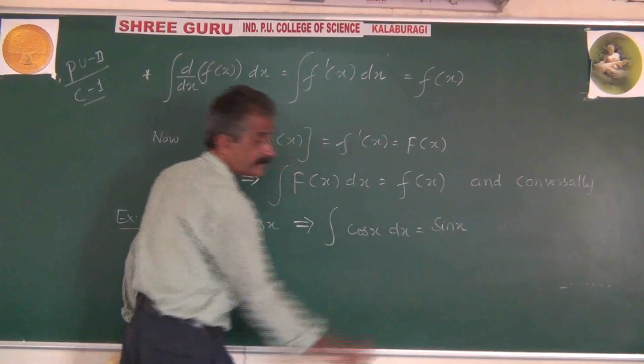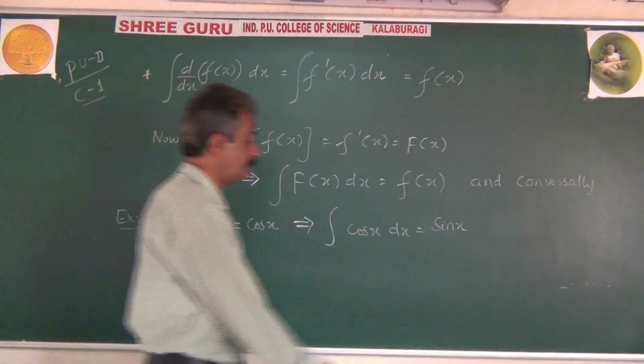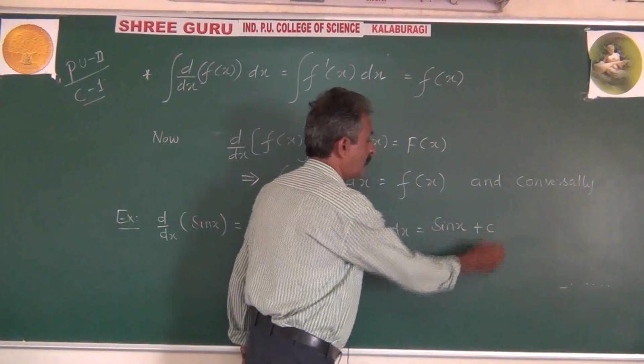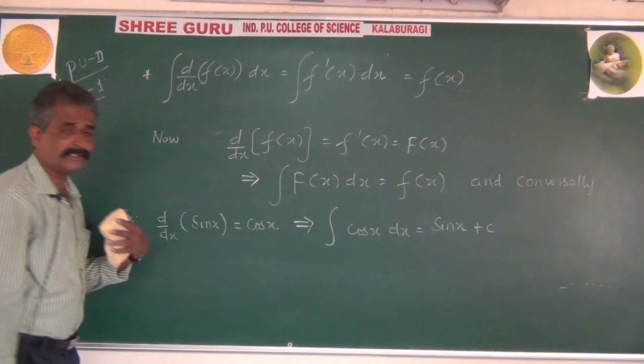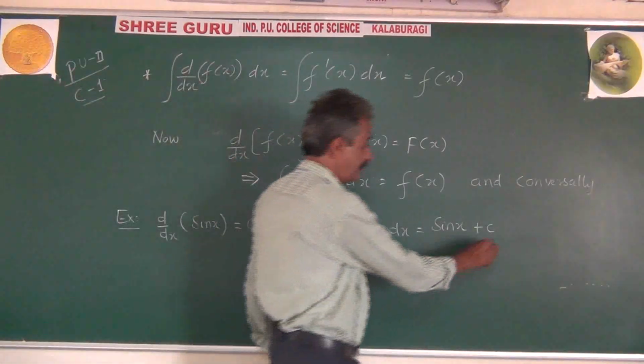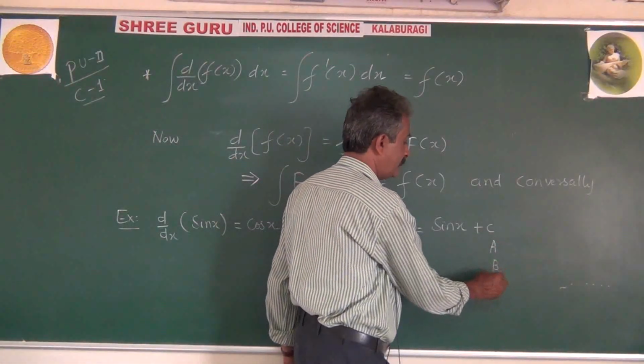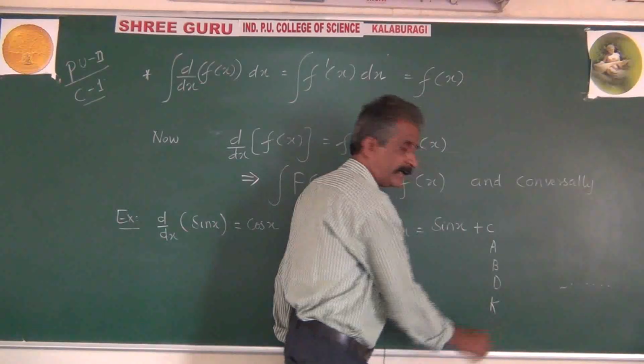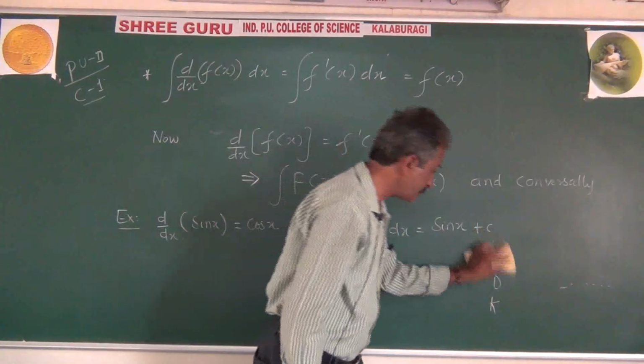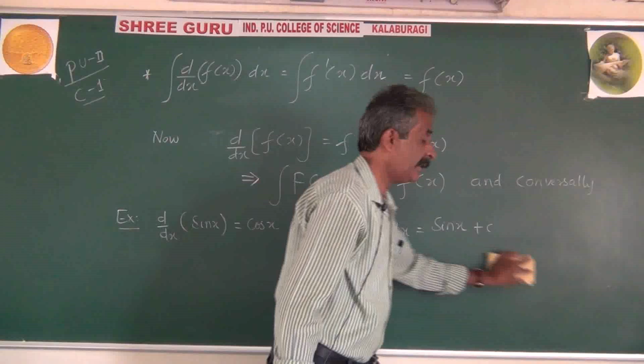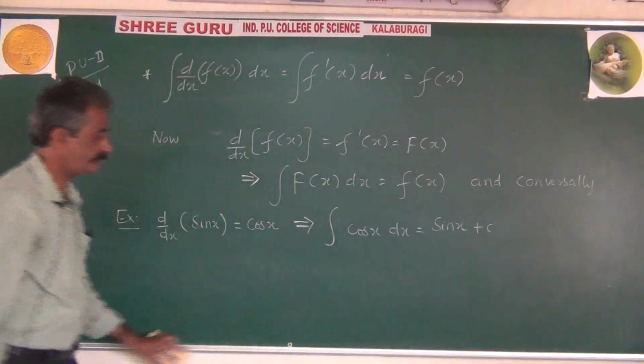But not only sin x, it's compulsory to add a constant c. Not necessarily c, any constant can be added. You can add b, d, or k, it does not matter. But add compulsorily an arbitrary constant.